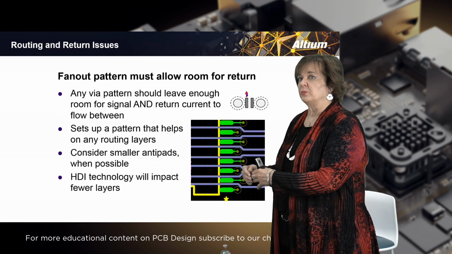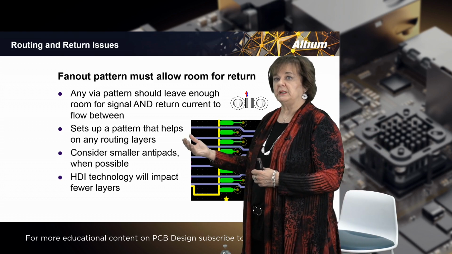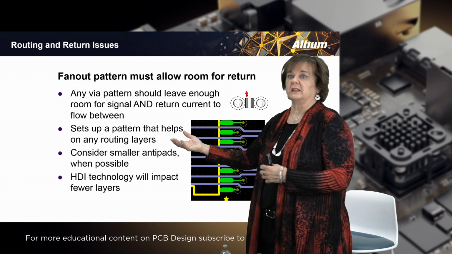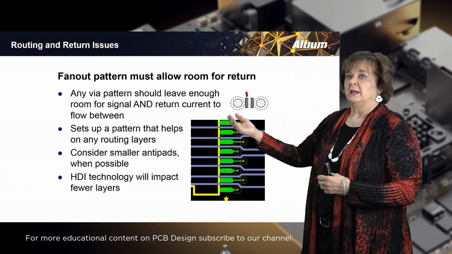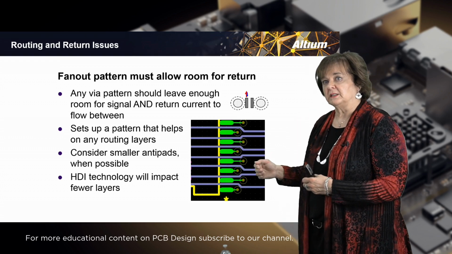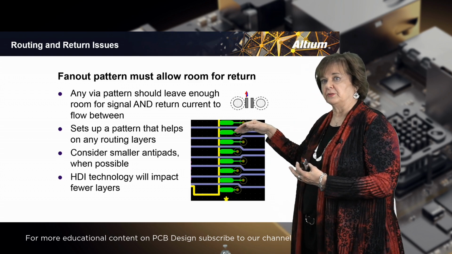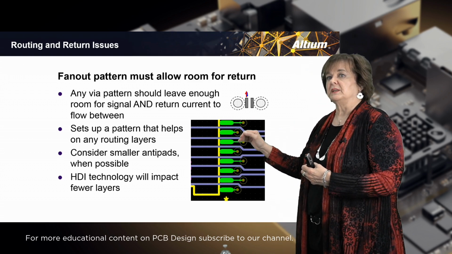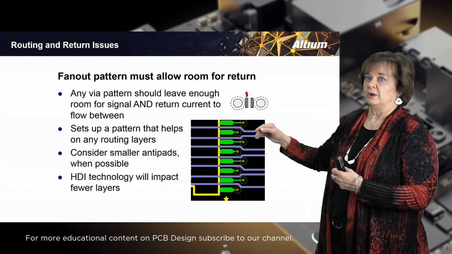So going back to this, when you route signals between, let's say, via patterns, there's a via pattern here. We want to be sure that not only the signal can flow between the via pattern here, but also the return current can flow between the antipads of those vias.